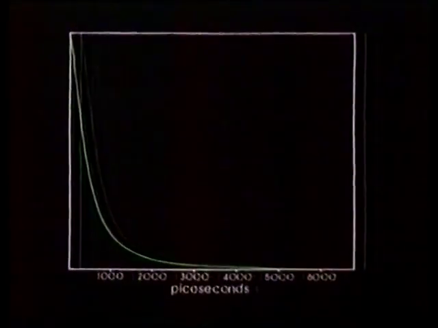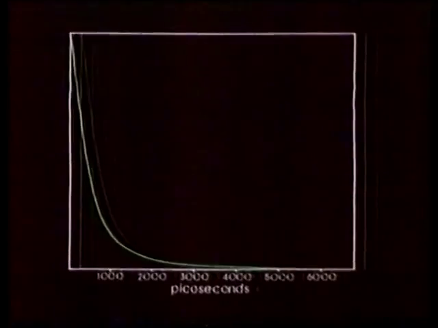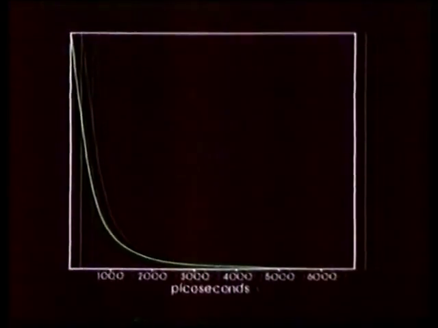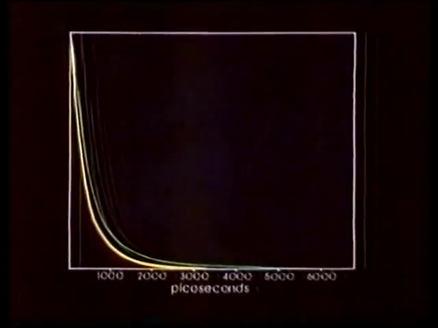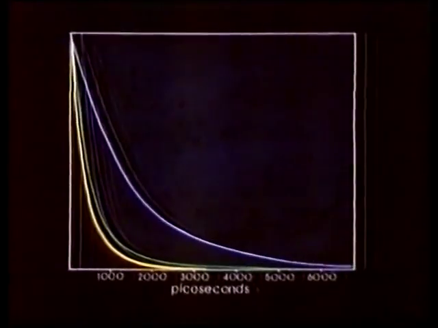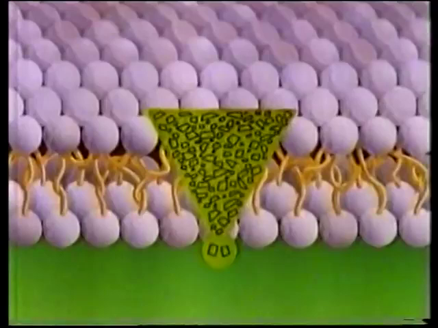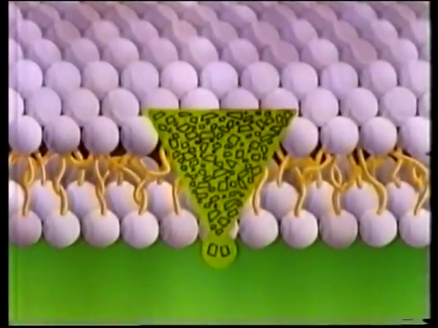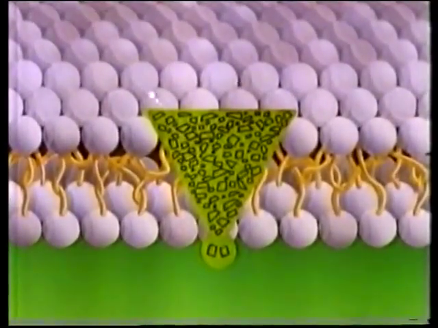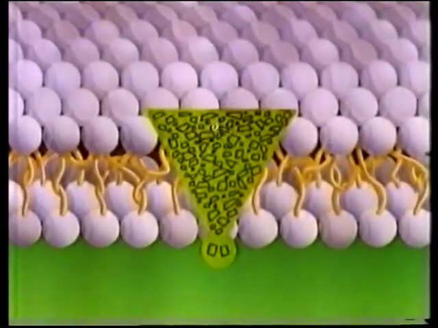Here's the decay profile for chlorophyll in chloroplasts. It's the sum of two exponential decays, one with a lifetime of around 400 picoseconds, and the other with a lifetime of around 1400 picoseconds. Both decays arise from the light-harvesting chlorophyll molecules, which can transfer their energy to the reaction centers or traps.